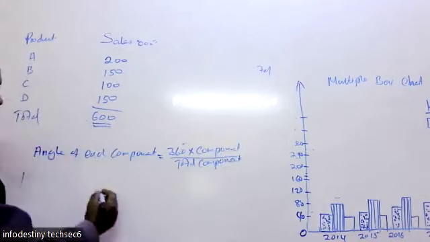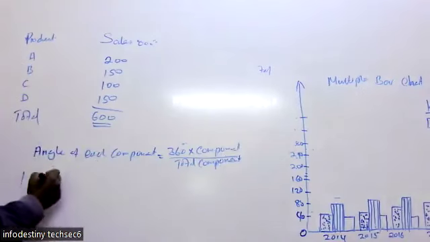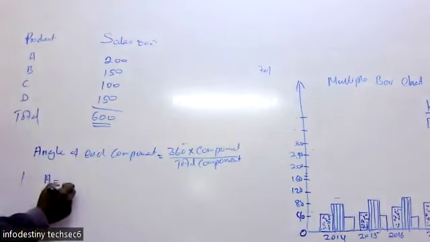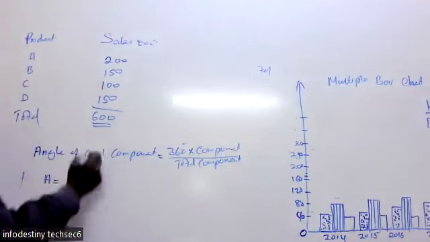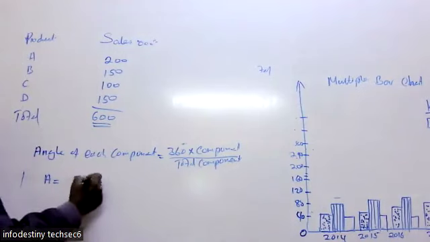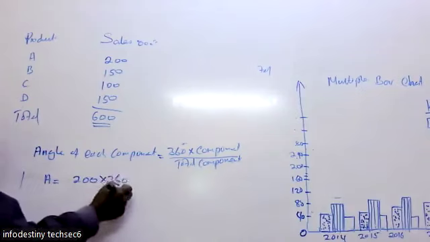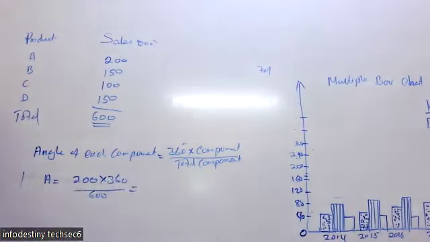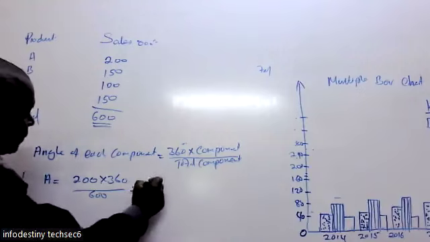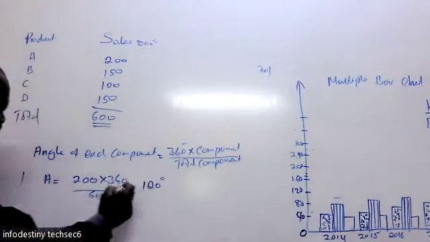So we start with A, which will be equal to 200, that's the component, multiplied by 360, divided by 600, to give us 120 degrees.